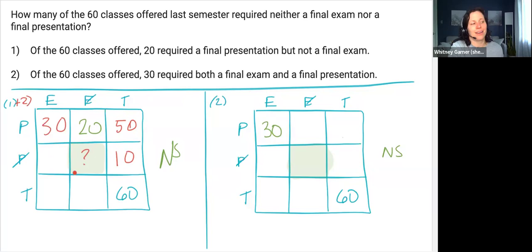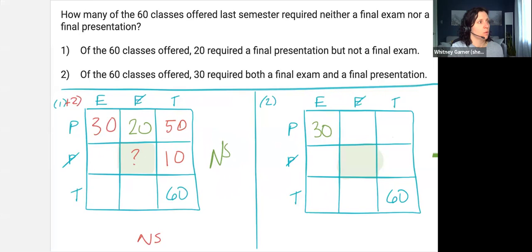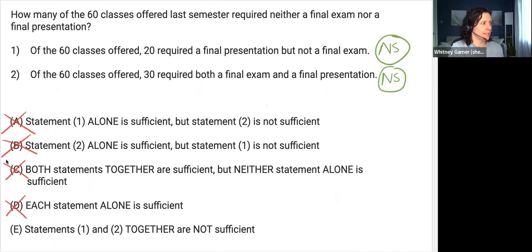But I cannot get to this square without more information about the exam. And so I still can't get an answer with 1 plus 2 together. Therefore, the correct answer is E. Not enough information.